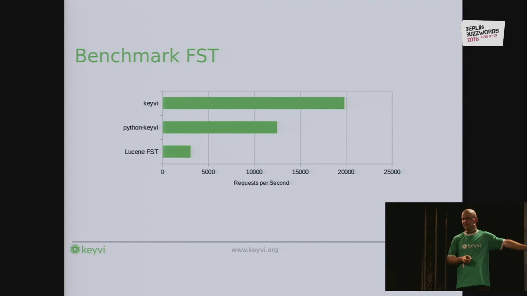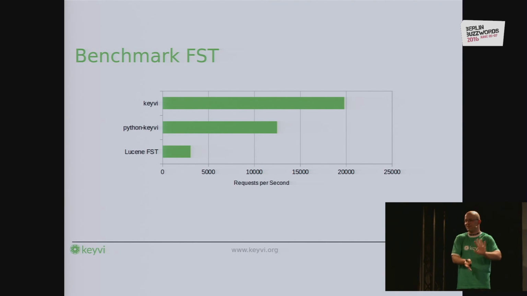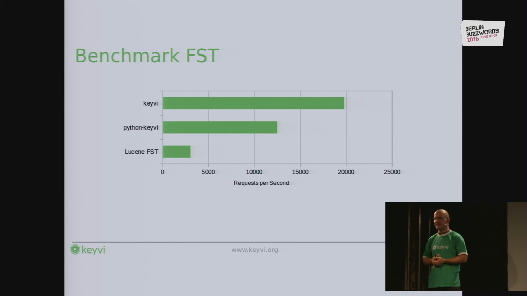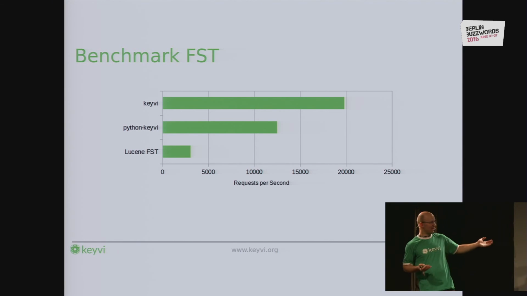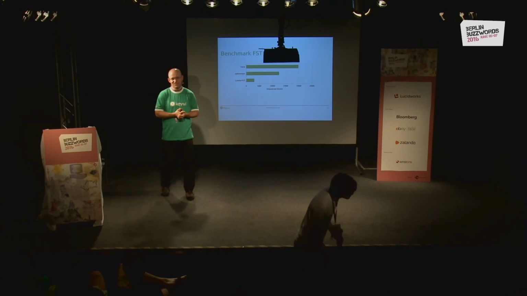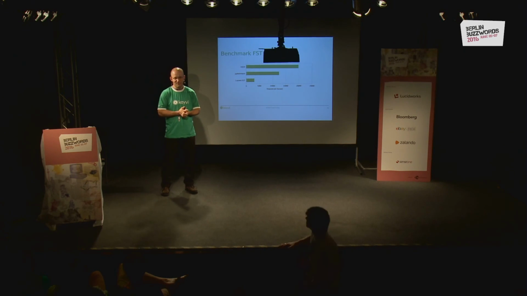I have a benchmark here, but honestly, I'm not sure whether that is due to Java or due to C. I don't know. I don't want to start a language war. It is something like 8 times faster in Keyvi. But if we make a proper comparison, we should compare algorithms and not implementations. And maybe it's something the Lucene folks could look into, considering taking some of the features out of Keyvi and putting them into the Lucene FST implementation.